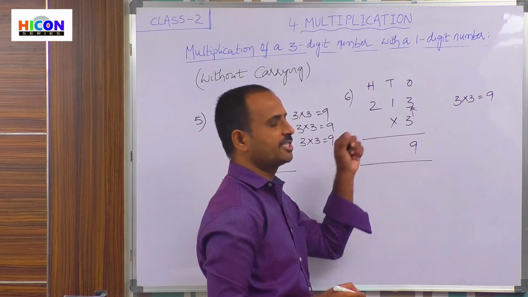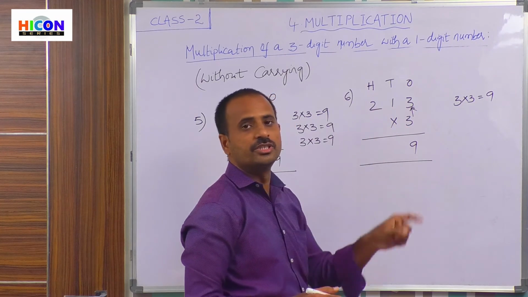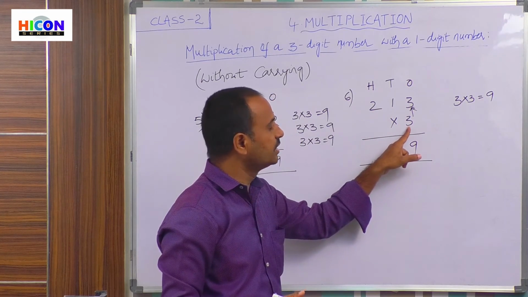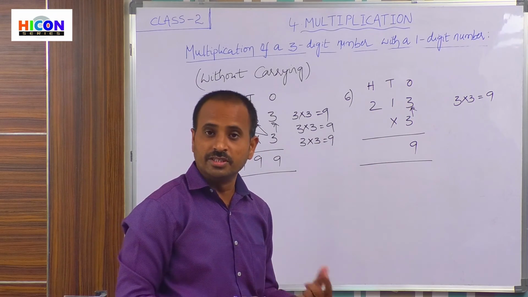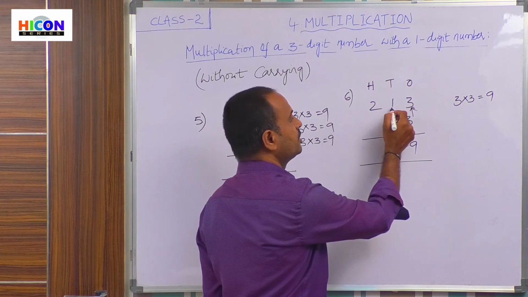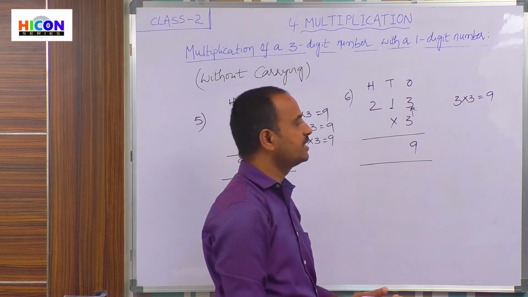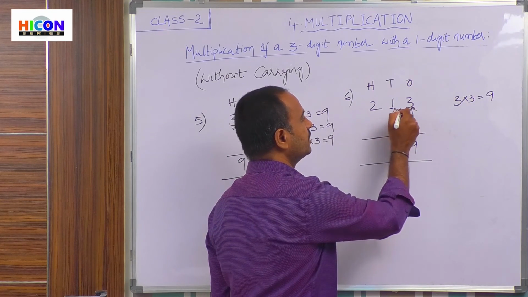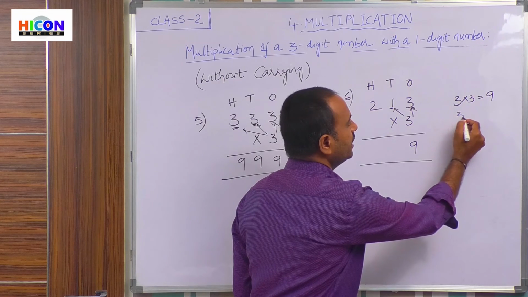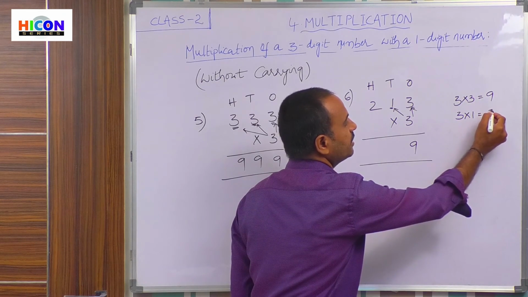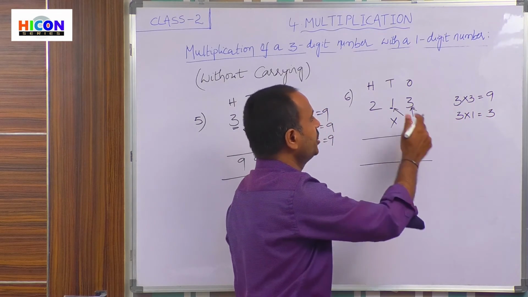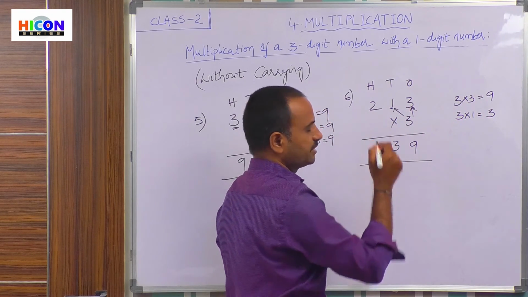Now go to tens place and multiply the digit present in tens place with 3 and write the answer under tens place. 1 is present in tens place. Multiply 1 with 3, that is 3 into 1. Children, how much are 3 ones? 3 ones are 3, and write this 3 under tens place.